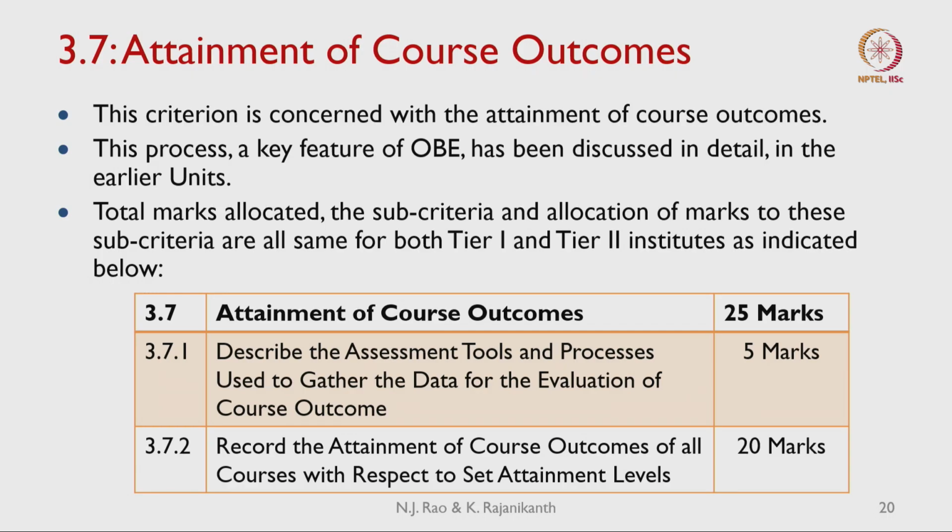Then the actual recording of the data and computing the attainment of the COs. So, record the attainment of COs of all courses with respect to set attainment levels, that is 20 marks. So, you must show the data collection and then the use of the data to compute the attainment of the COs.